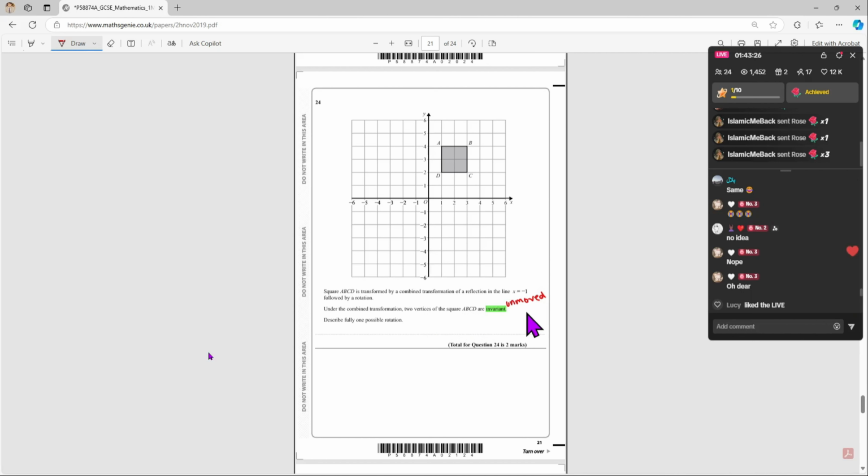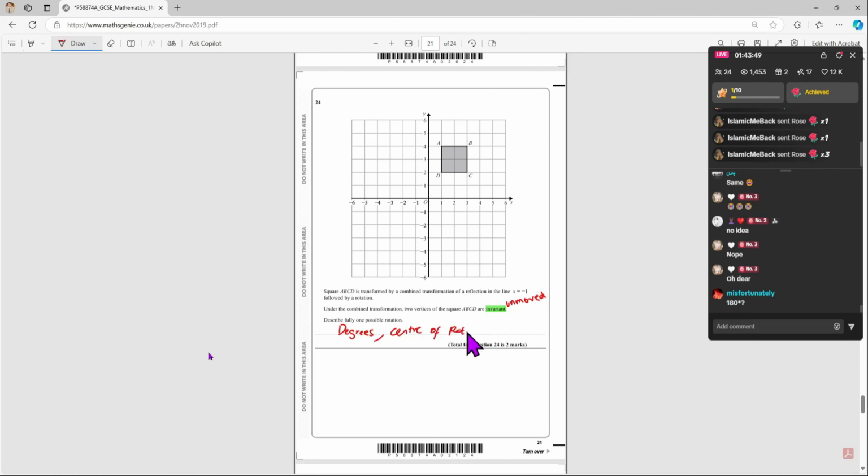We have to describe fully one possible rotation. Now, whenever we're trying to work out the rotation, first of all you write the degrees, so how much it rotates, and then you write the center of rotation, so the coordinates.